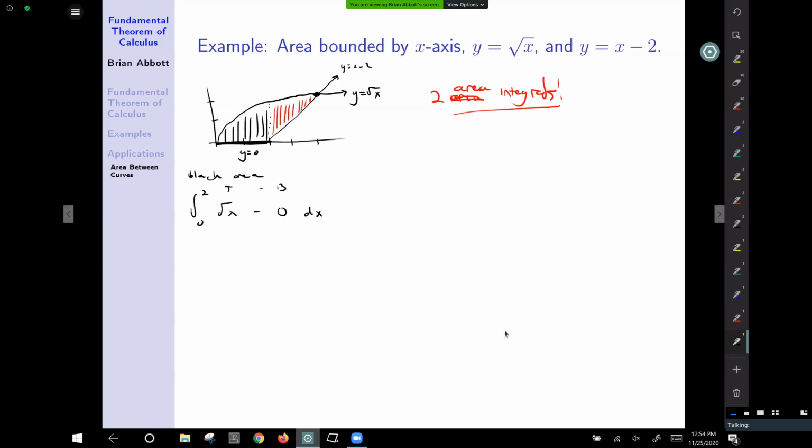To that, we are going to add, well, if I want the black area and the red area, I have to add the red area. So to this area integral, my first area integral, I will add my second area integral. I'm just using that circular plus to differentiate and keep these two separate here.